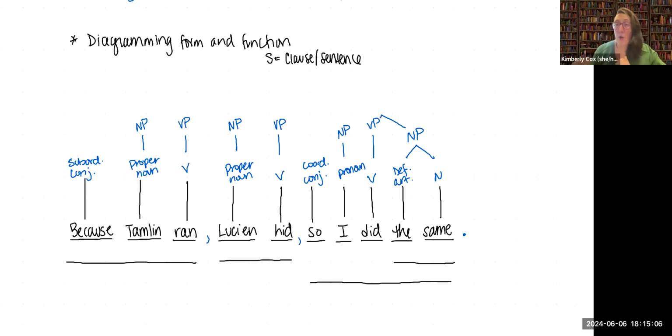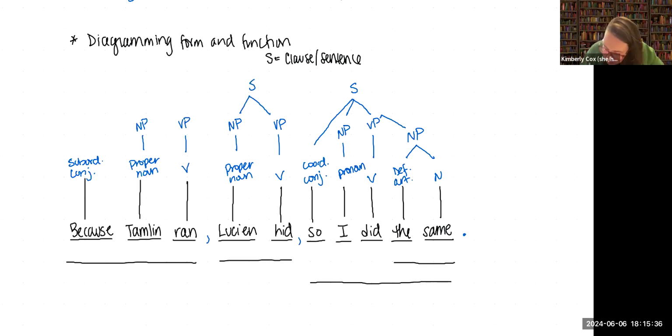So then we need to think next about our various sentences. So we have a noun phrase followed by a verb phrase. So we're going to have one kind of full clause here. So I did my S. And so that S is going to be comprised of the noun phrase, verb phrase, and this coordinating conjunction. We have a noun phrase and a verb phrase here. So they're also going to be another clause, right?